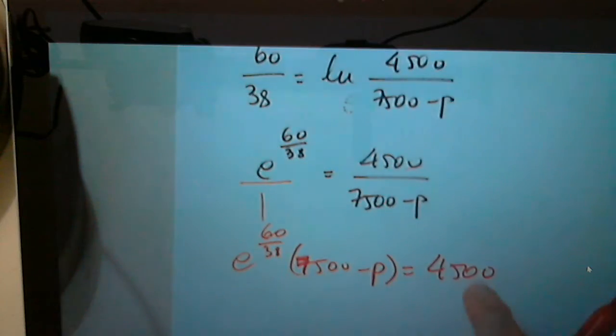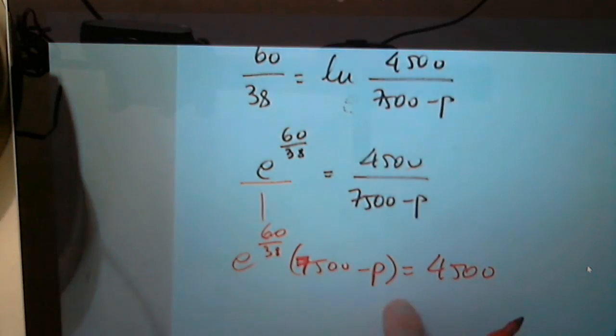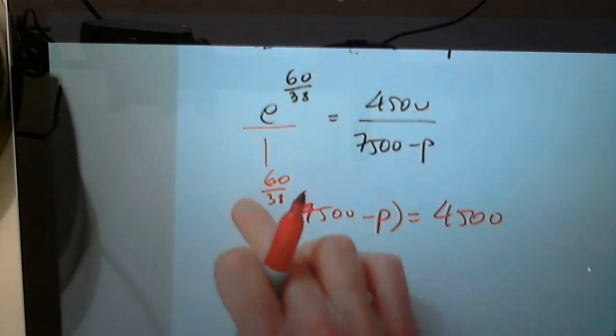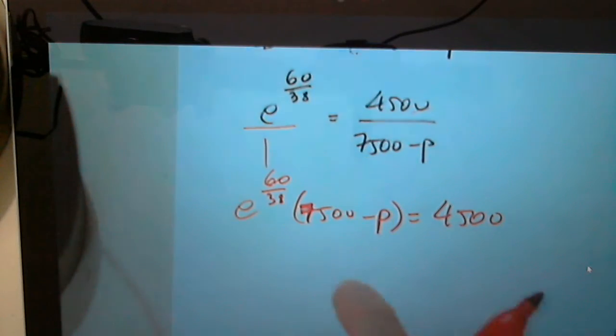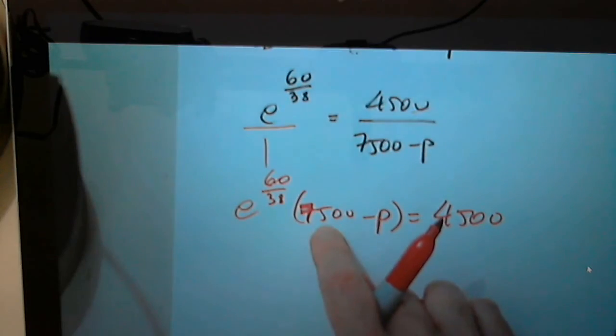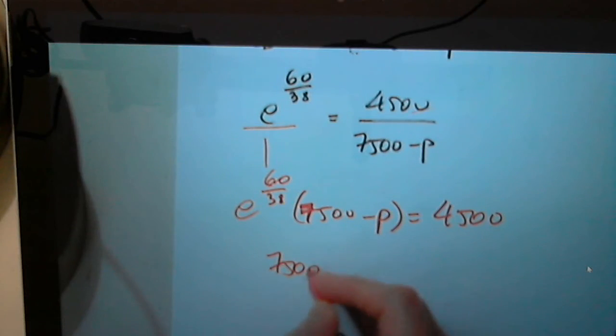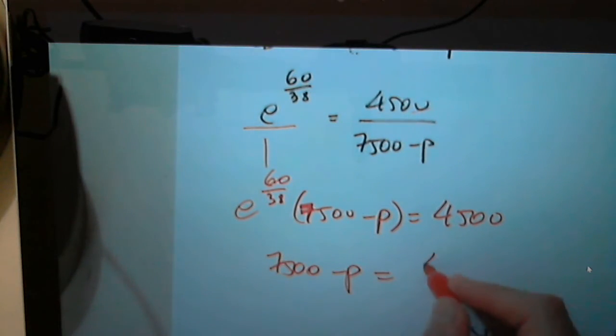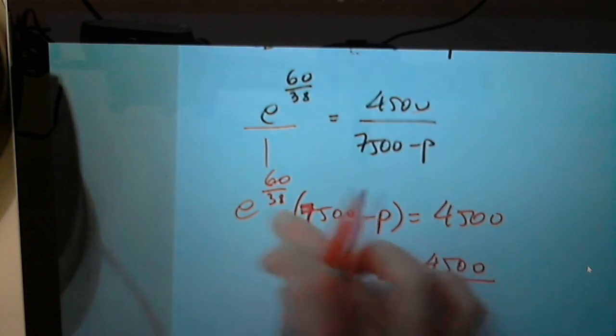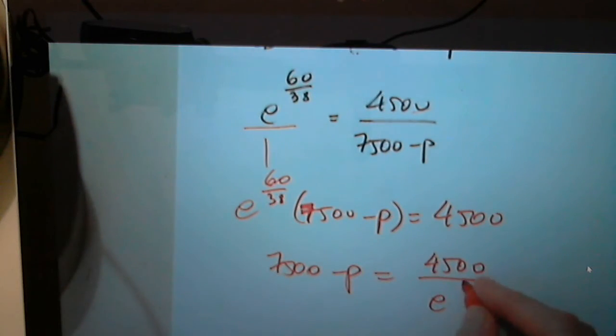1 times 4,500 is here. This times this is here. Now I will divide by this. And then take care of that. So I have 7,500 minus p equals 4,500 over this number. Don't even bother with it. 60 over 38.